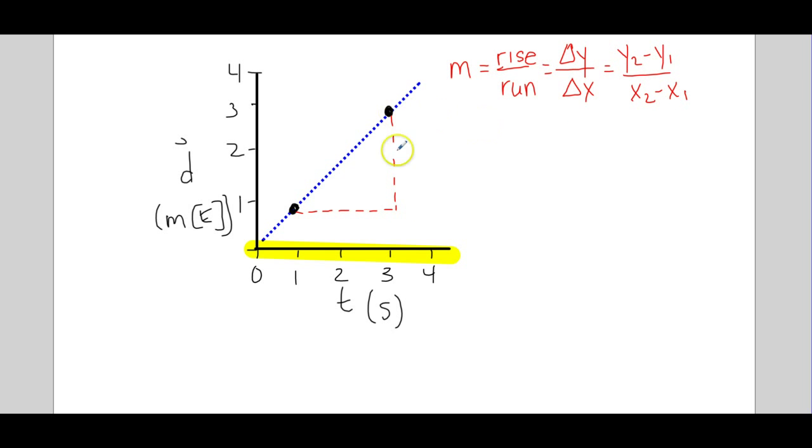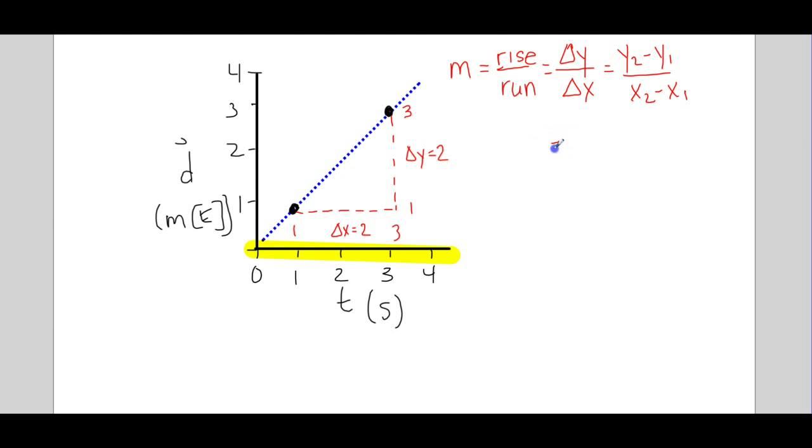So if we work with the 2 points I chose, our vertical change is 3 all the way down to 1 if we use our vertical axis, and our horizontal change is 3 all the way over to 1. Okay, so this is a change in 1, 2. So our change in x is 2, and our change in y is also 2.